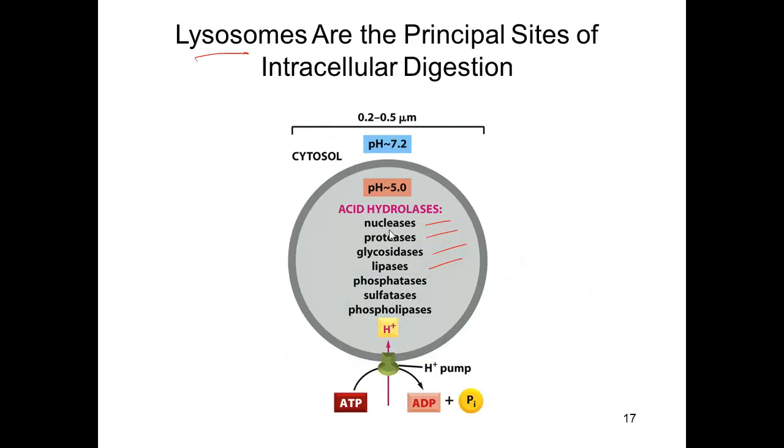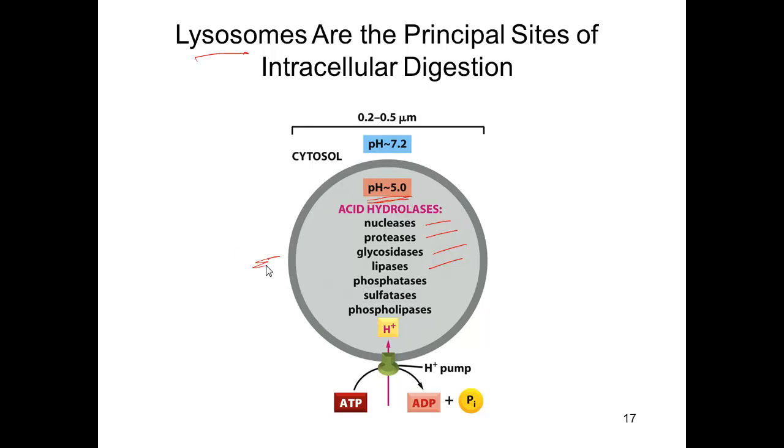Now these enzymes, an enzyme that degrades DNA or RNA, or enzymes that degrade proteins, are of potential danger to the cell, right? You don't want a nuclease getting free, wandering into your nucleus and chopping up your DNA. So these proteins have a very interesting property. They only function at acidic pHs. The inside of lysosomes is maintained at a pH of about 5.